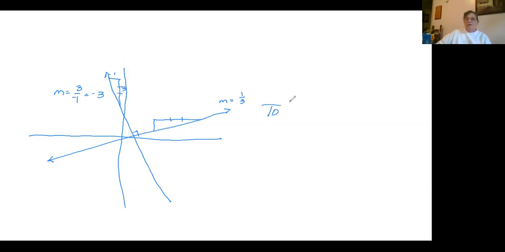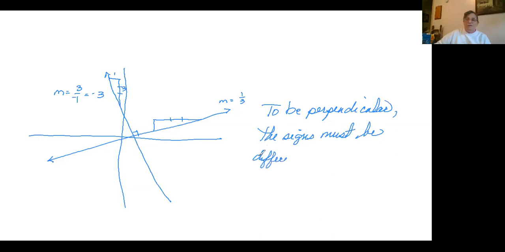So to be perpendicular, the signs must be different, and the number part must be reciprocals.